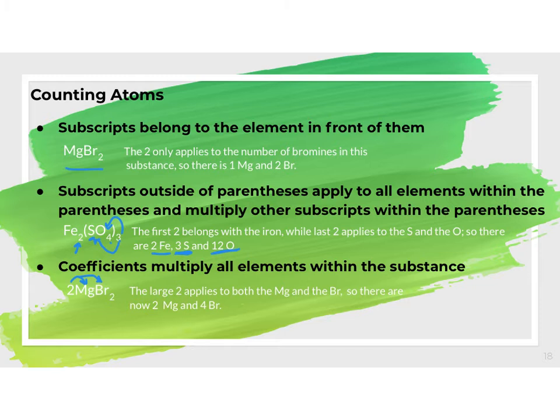That means that now I have 2 magnesiums, and then I have 2 times 2, which is 4 bromines. So the coefficients will multiply these subscripts to tell us how many atoms of this particular element we have.